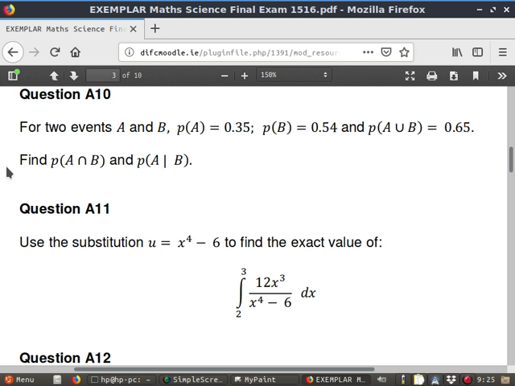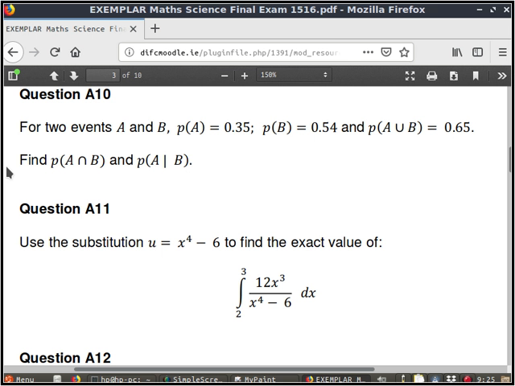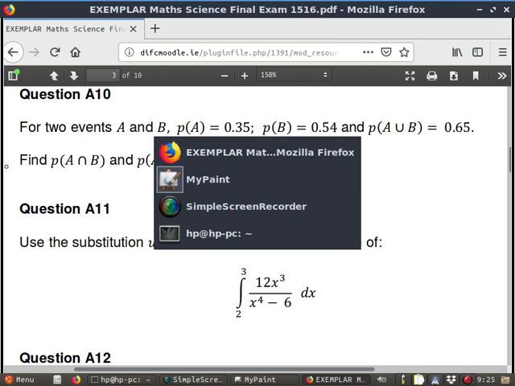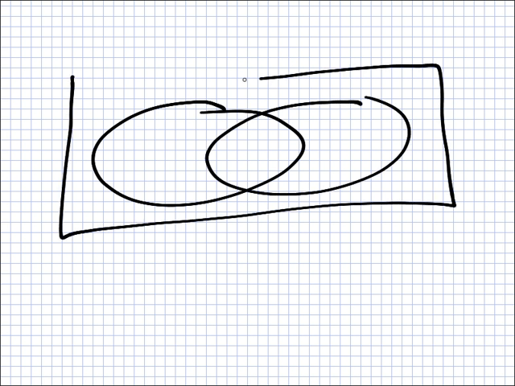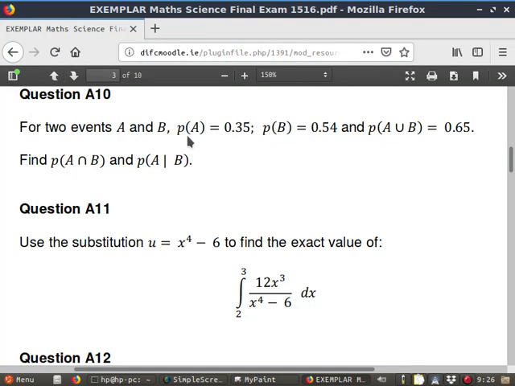Did you get an answer? No, Venn diagram box. It's a start. Let's have a look. Okay. So, two sets and a universe. A is 0.35, B is 0.54, and A union B is 0.65.